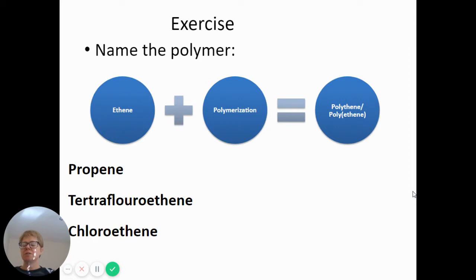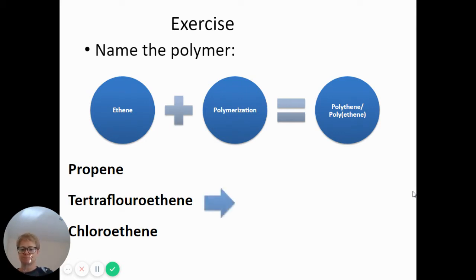So take a second to just think through what the names of these polymers might be made from these monomers. So it's fairly straightforward, though, as I say, sometimes there's slight changes to the ends of the names.